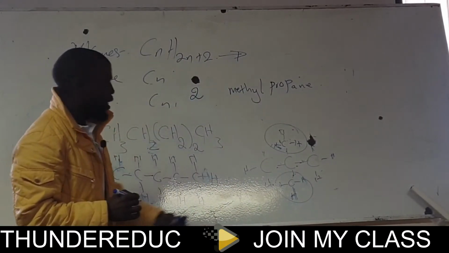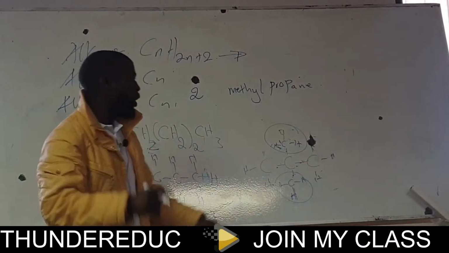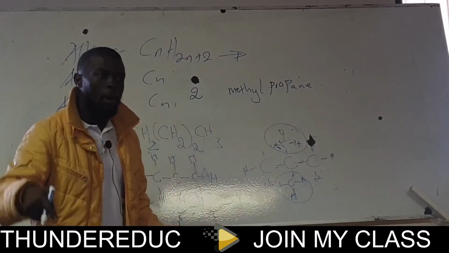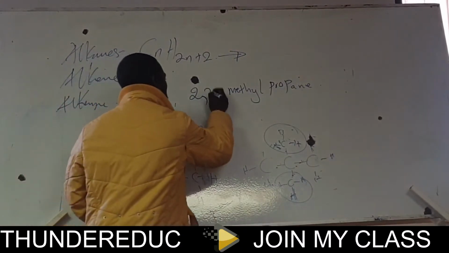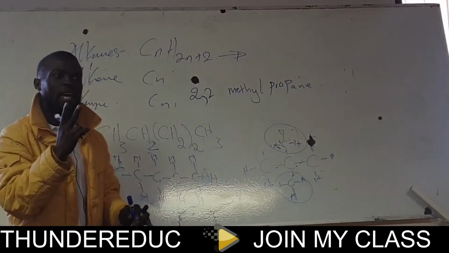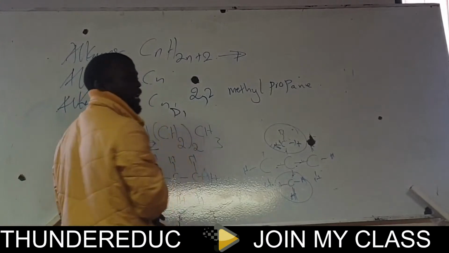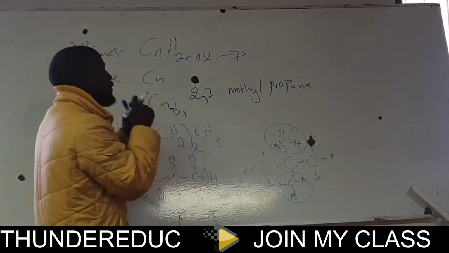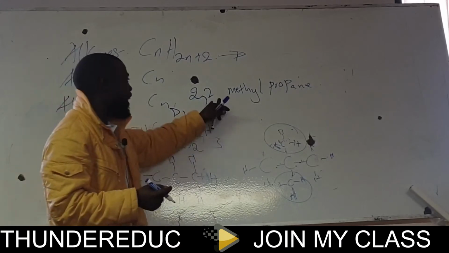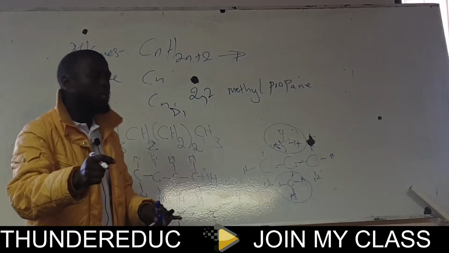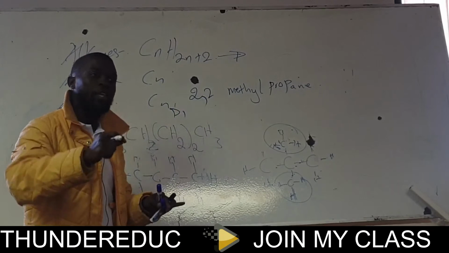Is it clear? The first methyl is on carbon atom number 2. The second methyl is on carbon atom number 2. So it's going to become 2, 2, because there are 2 methyl, 2 is di. Remember, a figure and a figure, we separate with a comma.